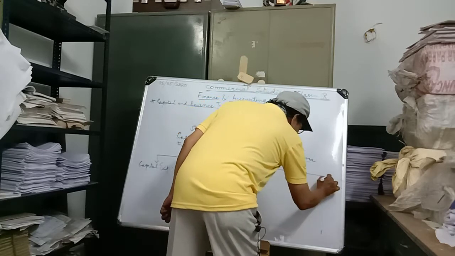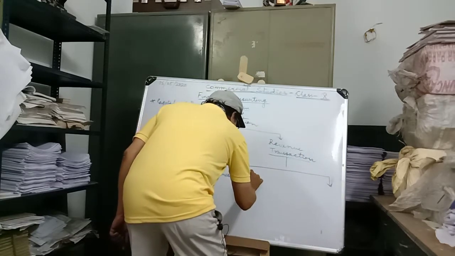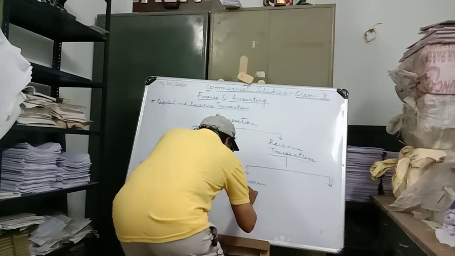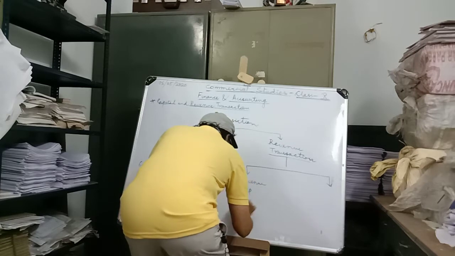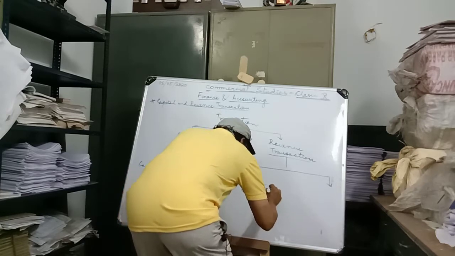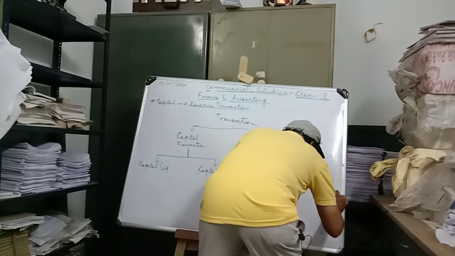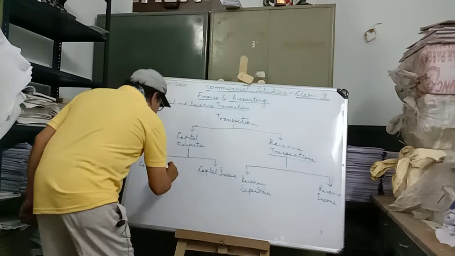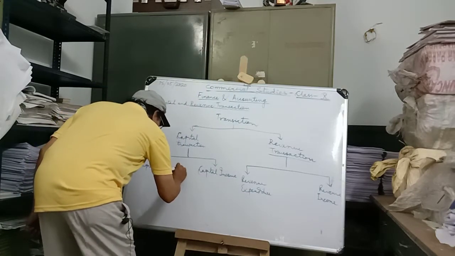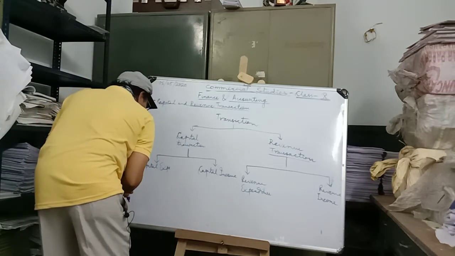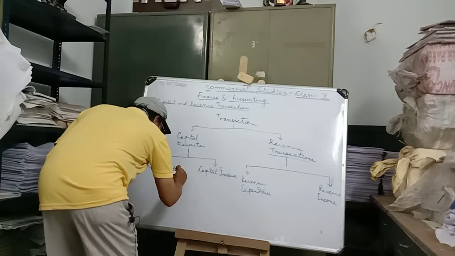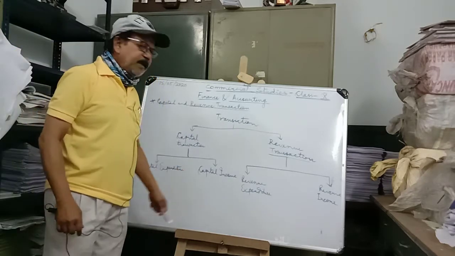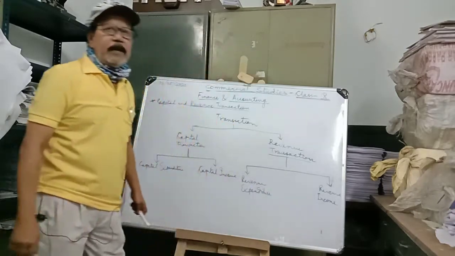Like capital transactions, revenue transactions also can be divided into two parts: revenue expenditure and revenue income. Capital expenditure, capital income, revenue expenditure and revenue income.